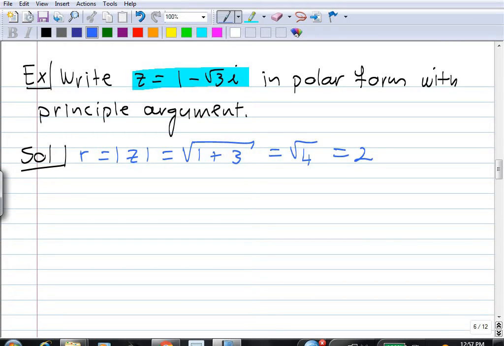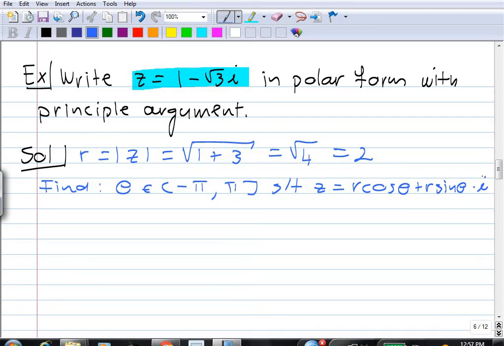Right. So now our job is to find that unique value for theta between minus pi and pi such that z is r cos theta plus r sine theta i.